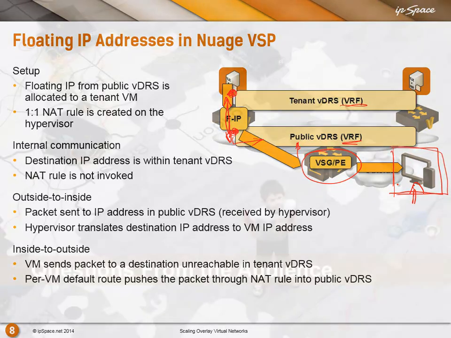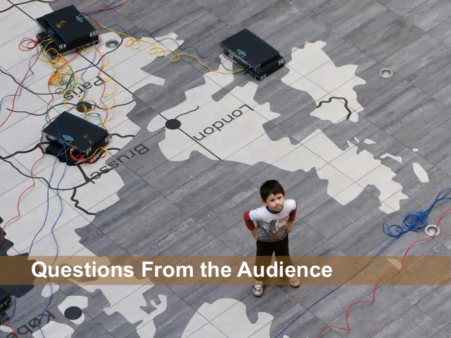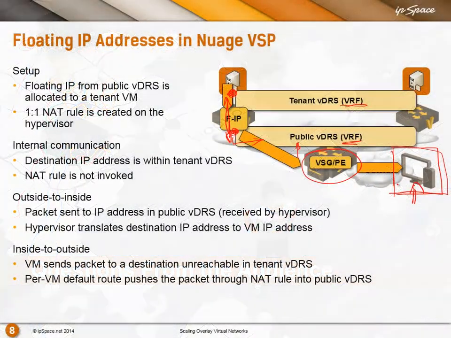Here's a question for you, Dimitri. Should we anticipate a performance impact when using NAT? Actually, no, because of the way the vSwitch works, it has a user space and a kernel space, right?